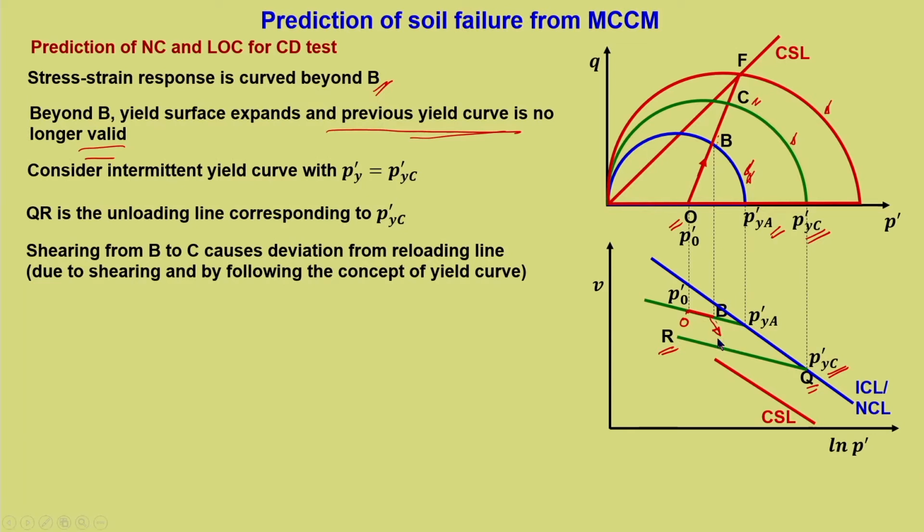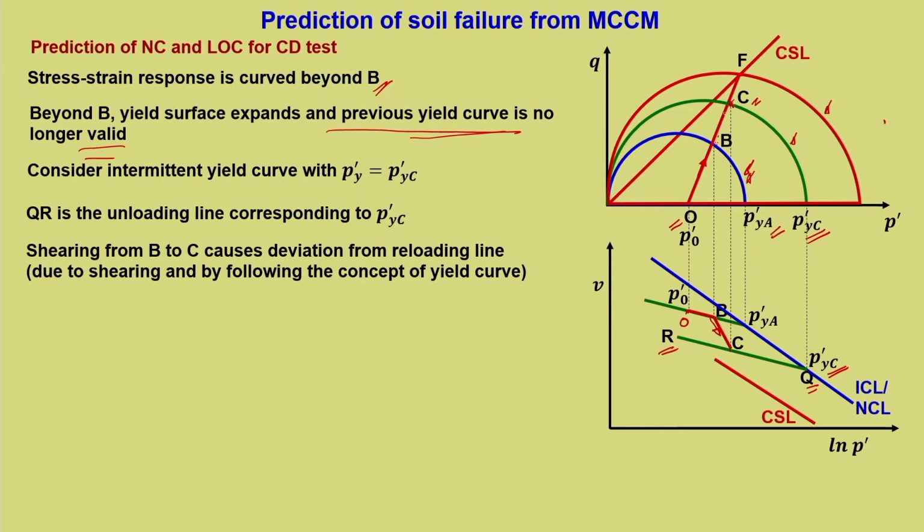So, this particular point from where it will deviate comes from the concept of the yield curve. So, point C, let us say that particular point is there on the unloading line QR, because it is touching here. Now, we are redefining the elastic limit. Let us consider that the point is at C. So, this particular point is the point C. Now, the moment it deviates from point B or the moment it passes point B, we are defining a new yield curve.